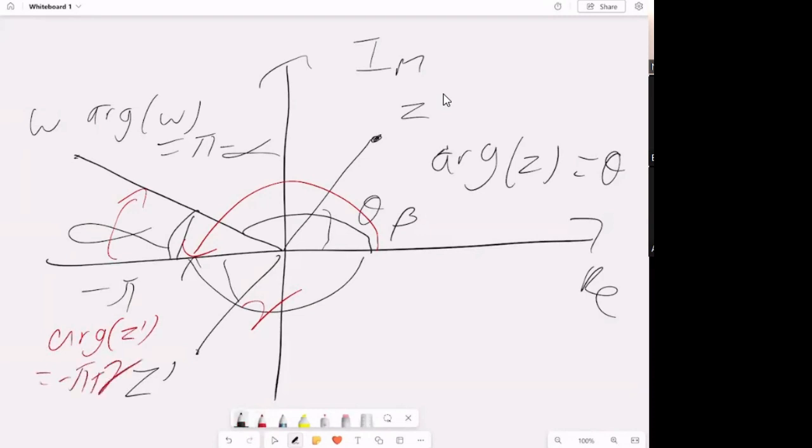And then the last one here, let's call it w prime, has an argument of minus sigma.